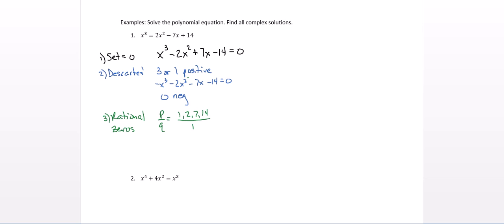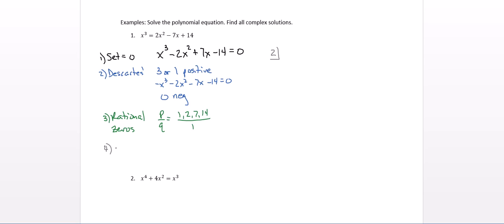And I know I'm only going to check positive values and not negative values, so I'm not even going to put a plus or minus. I'm only looking at positive values. We're going to start trying 1. If I put 1 in, think about it: when you're evaluating at 1, that's 1 minus 2 is negative 1, plus 7 is 6. It's not 0. All right, so let's try 2.